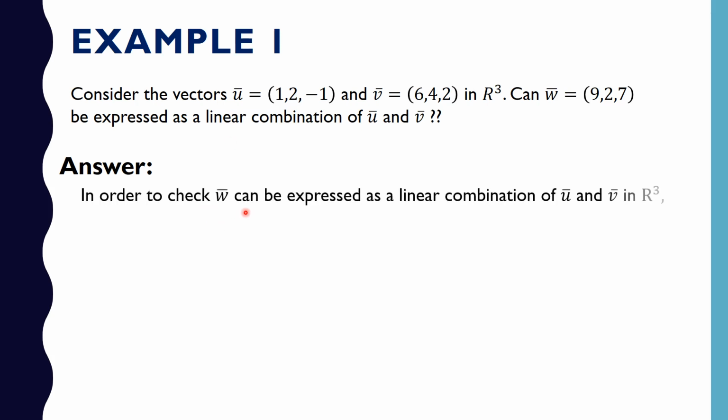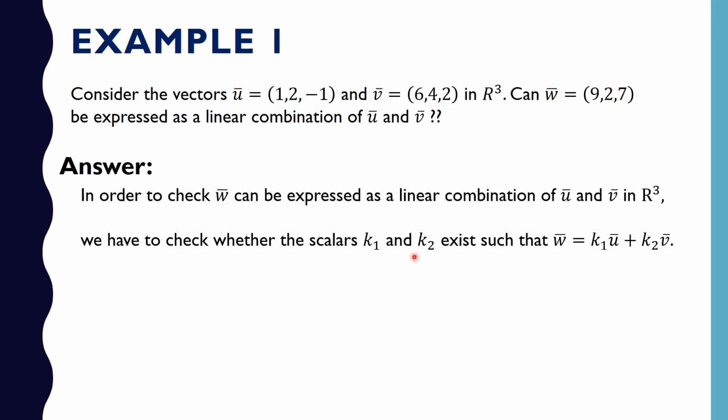In order to check this, we have to check whether scalars k1, k2 exist such that W vector equals k1 u vector plus k2 v vector. That means 9i plus 2j plus 7k can be expressed as k1 times (i plus 2j minus k) plus k2 times (6i plus 4j plus 2k).